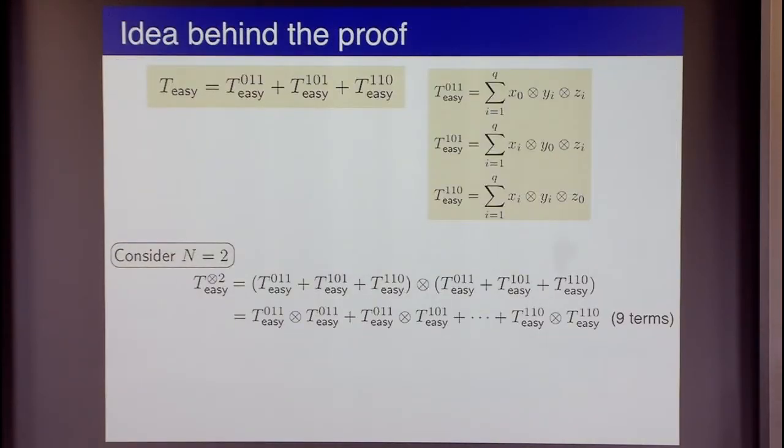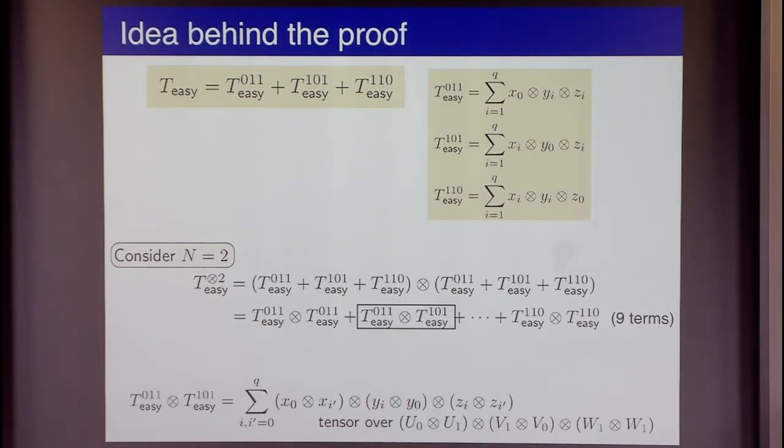And I will try to give an idea behind the proof. Let's consider the case n equal to 2. So we have 9 terms. Let's consider this term. What is this term? You can compute it. It's the tensor product of the first one and the second one. So this is equal to this.